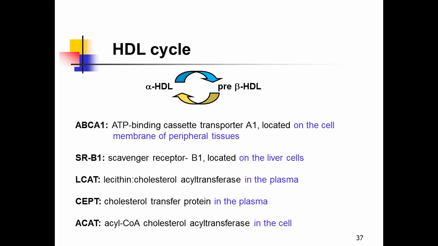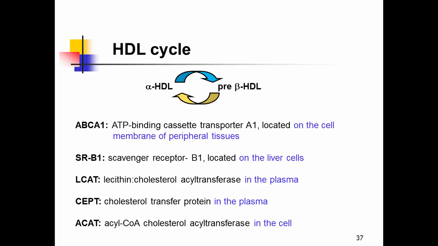So try to remember these two enzymes catalyze the same reaction, the esterification of cholesterol, but the location is different. ACAT is present inside of cells, and LCAT is present in the plasma.